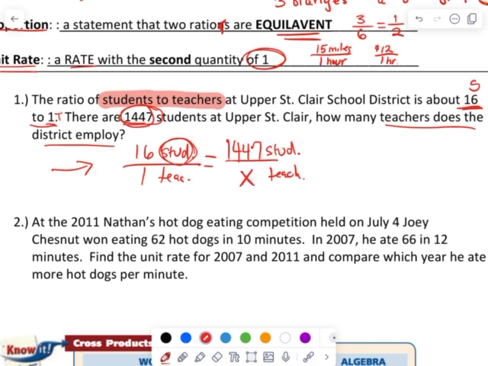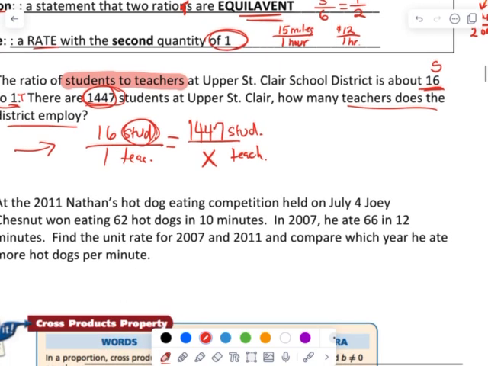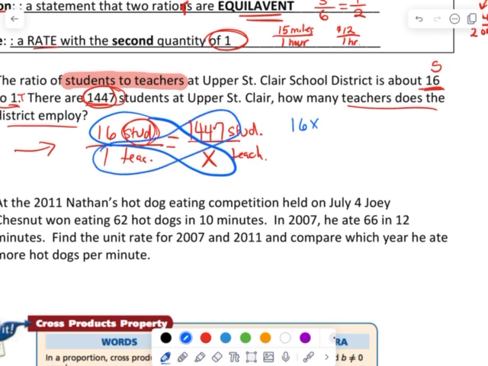We don't know the number of teachers, so we'll use the variable x. There's a method in how you solve this using cross multiplication or cross products. Which means we're going to do 16 times x, which is 16x, and then we're going to multiply 1 times 1,447. We keep the equal sign in the middle.